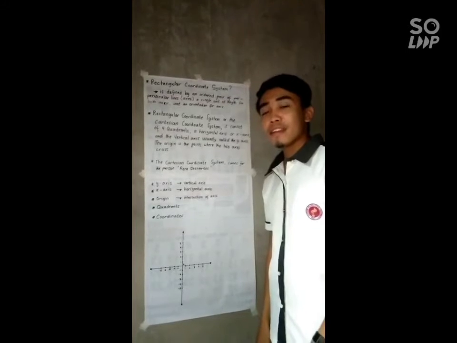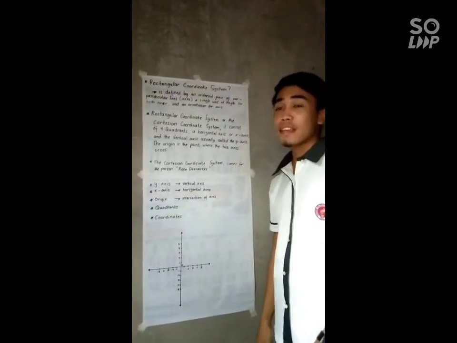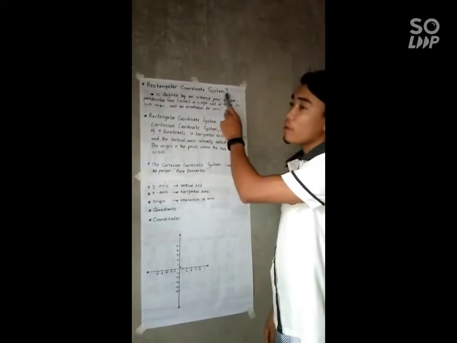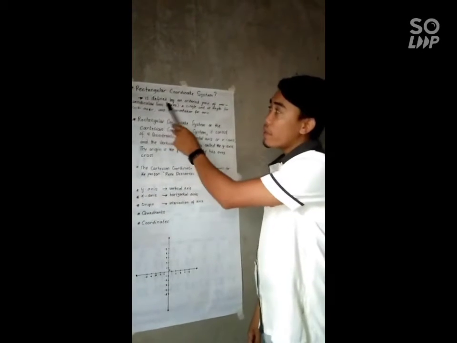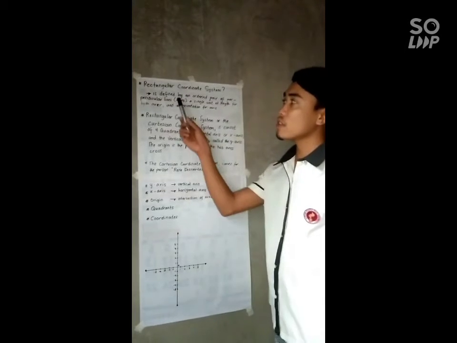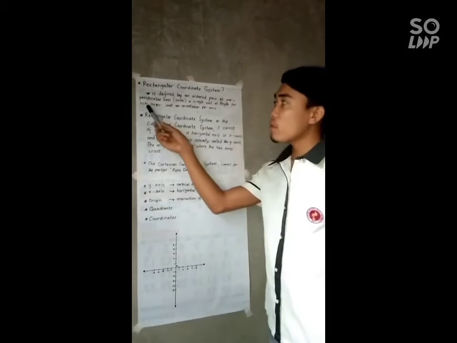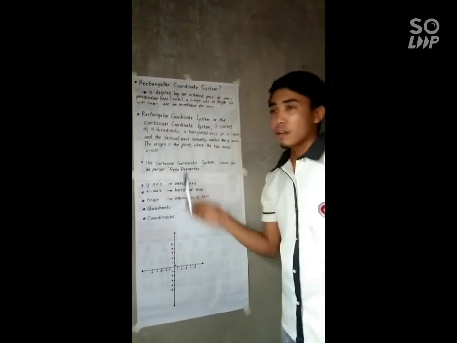Good day everyone. I will discuss and review about analytic geometry. Rectangular coordinate system or the Cartesian coordinate system is defined by an ordered pair of perpendicular lines or axes, a single unit of length for both axes and an orientation for axes.